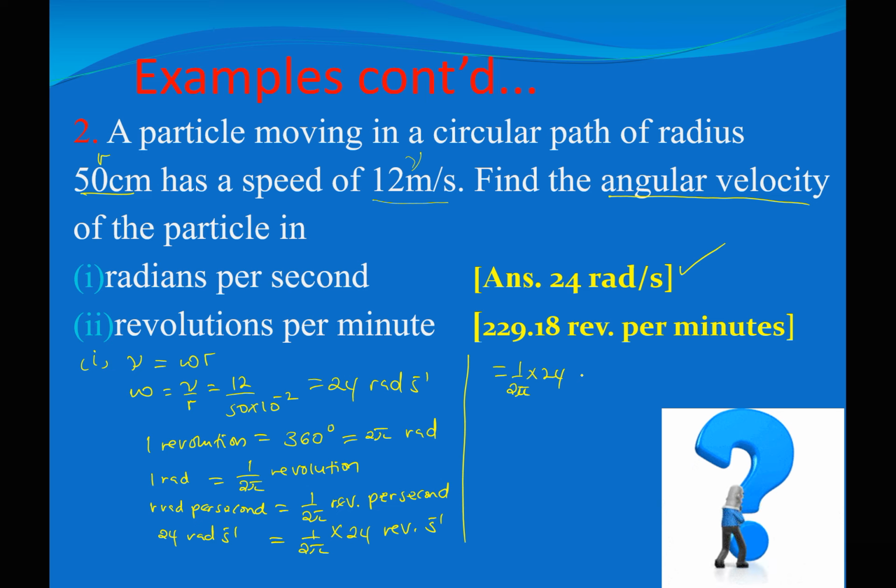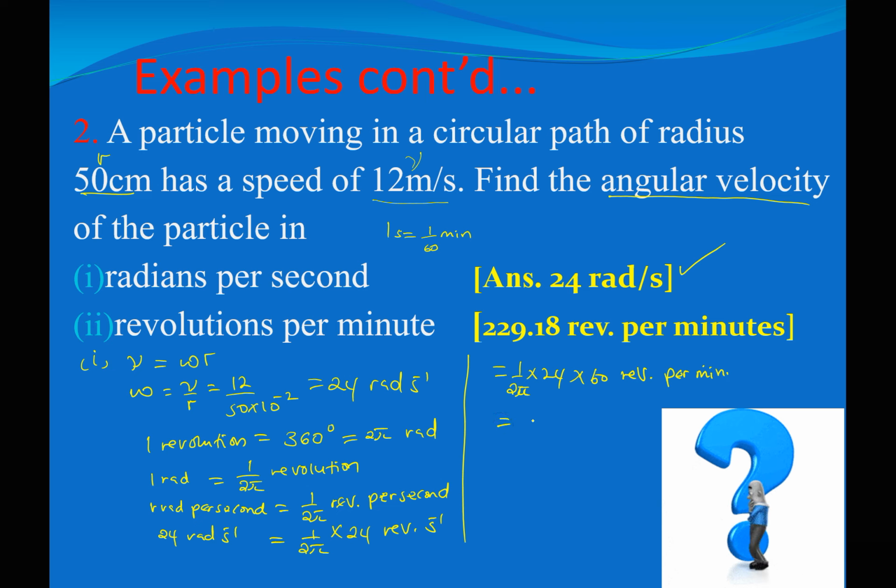That was 24 revolutions in 1 second. So 1 second is the same as 1 over 60, I think, in minutes. Because we want it in per minute, I will simply say times 60. So this would be now revolutions per minute.